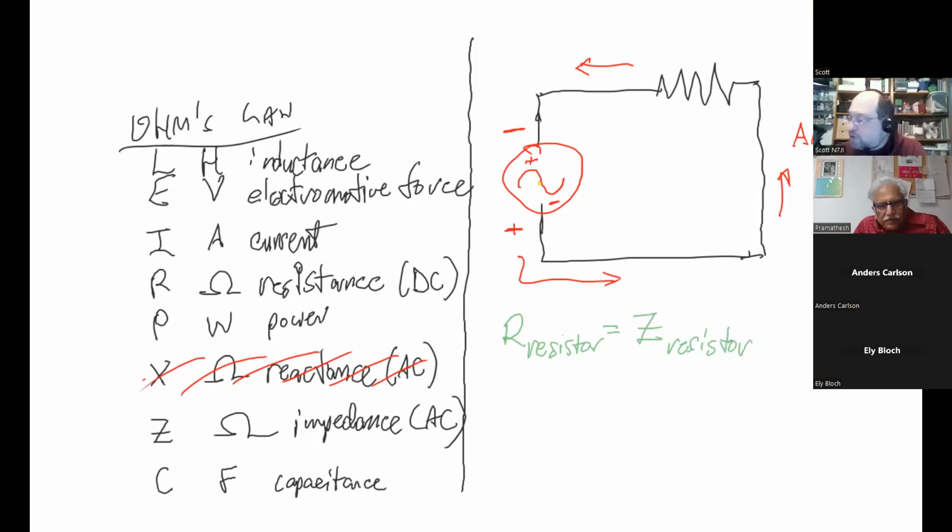Yeah. If a resistor has a certain amount of impedance for AC and for DC, it doesn't care which is which, it's always going to have the same property. So for a resistor, our R, which is our resistance, is equal to our Z, which is its impedance. It's going to have the same number of ohms.